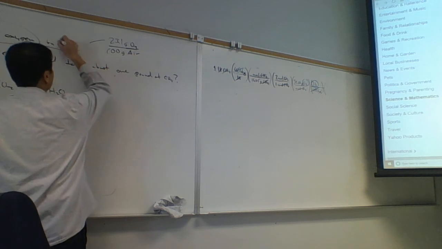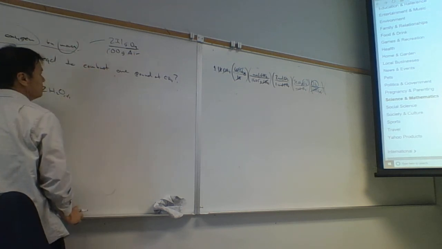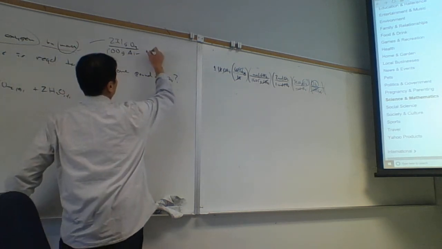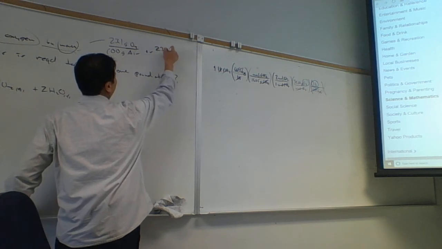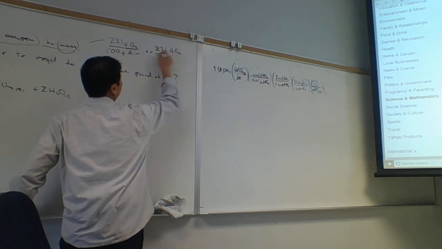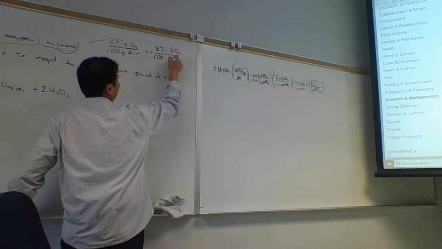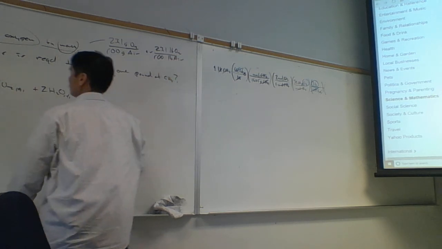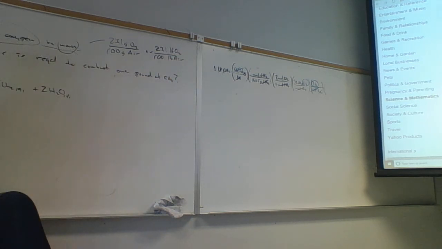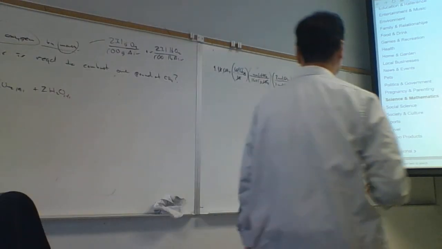But this is mass. Does it matter if we use grams or pounds? It does not matter. So 23.1 pounds of oxygen for every 100 pounds of air. Right off, that's good. You just have to see that and then place it where it belongs. How do we write it over here?